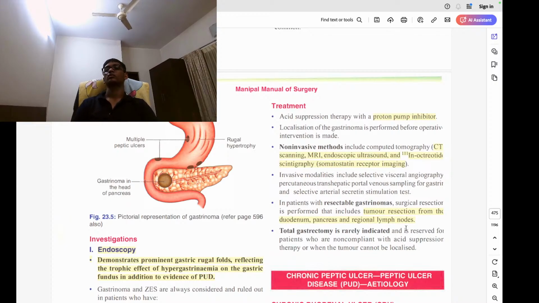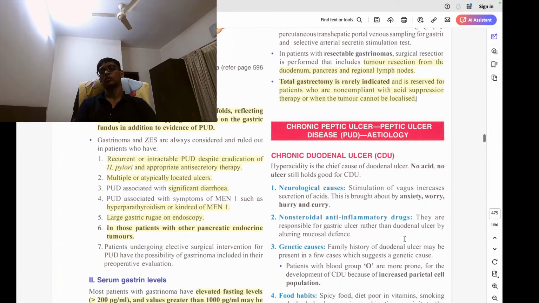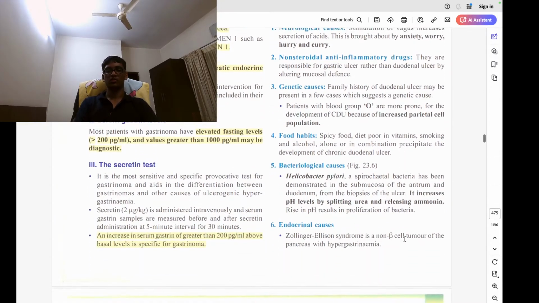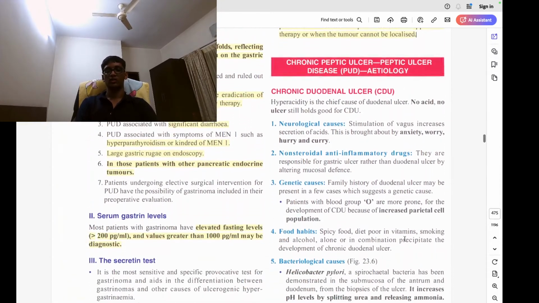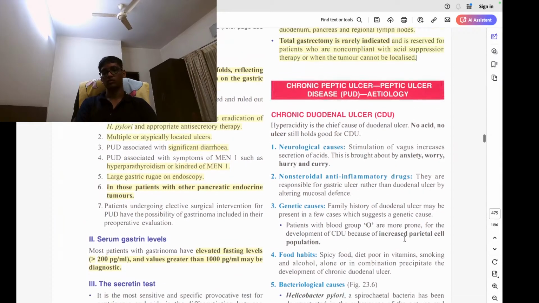Total gastrectomy is rarely indicated, in patients who are non-compliant or whose tumor cannot be resected. Okay, I think if you read this much, it's enough. Secretin test, serum gastrin levels.